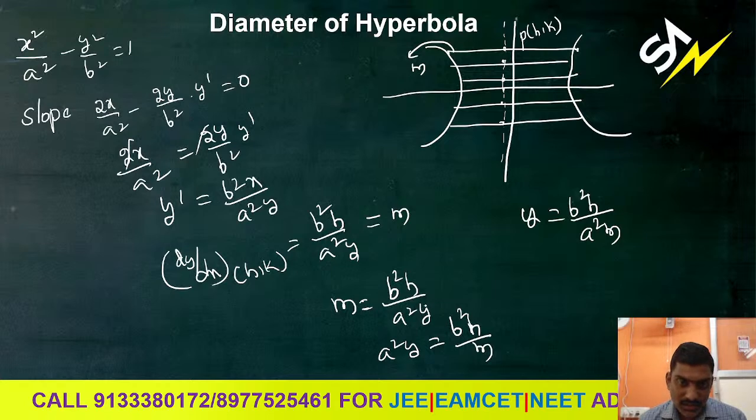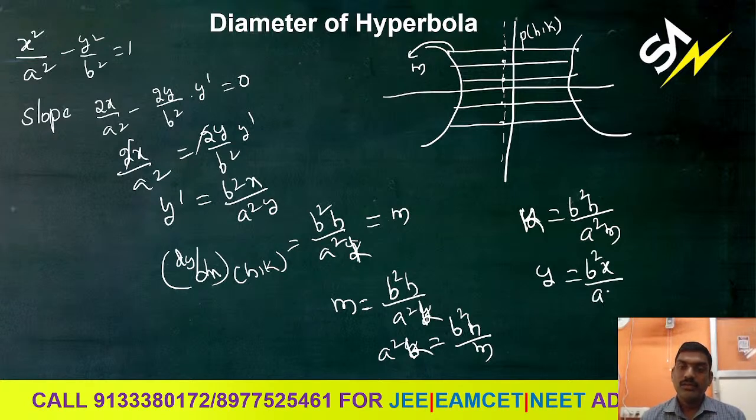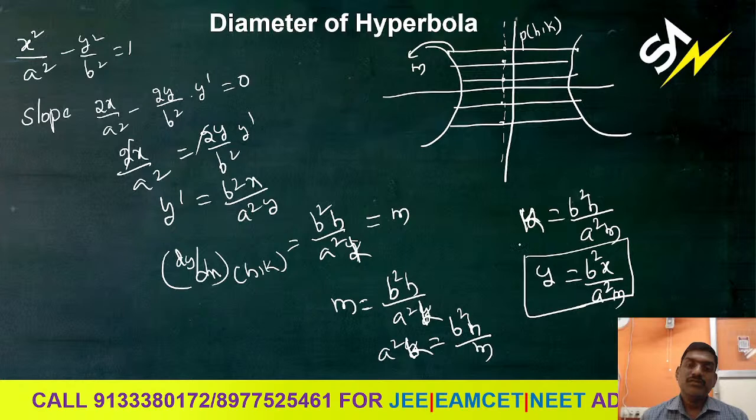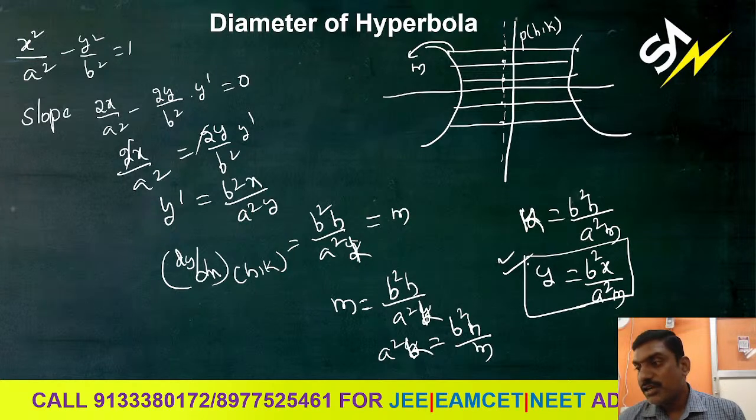Here h comma k is the midpoint, so replacing it, y is equal to b square x divided by a square m. This is the condition, the equation of the diameter of the hyperbola. Okay. Any doubts still?